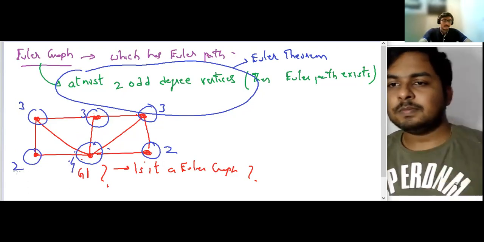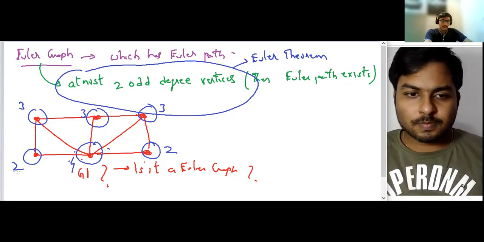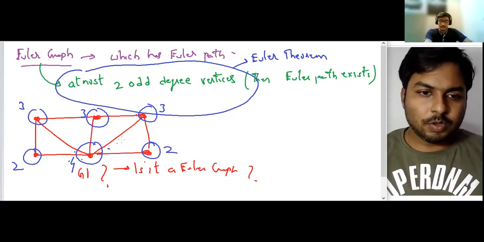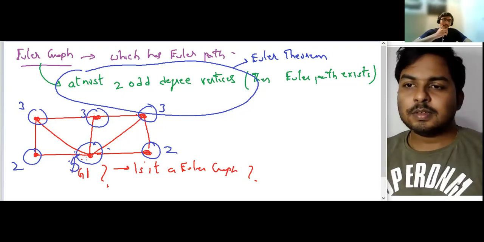Degree of this? 2. Sir, that 4, I think it is 5. Oh yeah, you are right. 1, 2, 3, 4, 5. Right, 5. That's why I was confused.